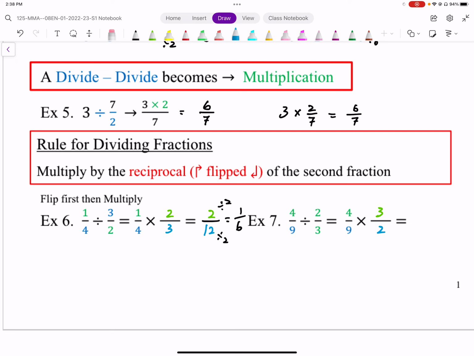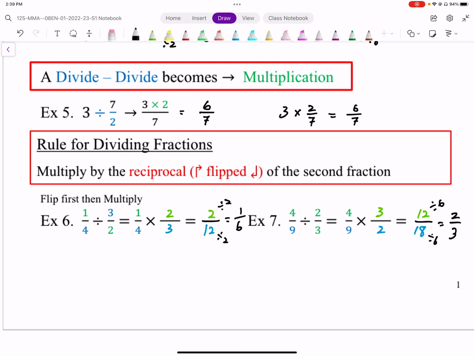The 3 is a double divide, so it goes in the numerator. When we work this out, top times top, bottom times bottom, and then simplify this fraction by dividing by the common factor of 6, and we get 2/3 is the final answer.